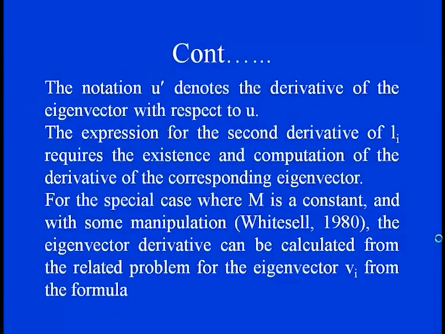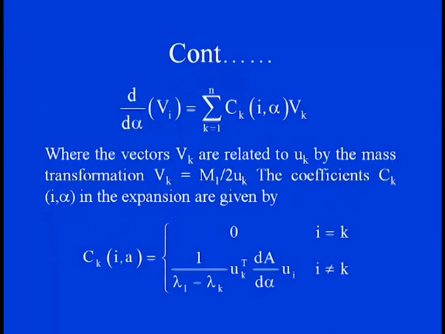And when we say that the M is constant, then certainly the eigenvector derivative can come out straightaway with this particular formula, where dvi by d alpha is nothing but equals to the summation from 1 to n of c, where the coefficient depends on the eigenvalue and the associated matrices.